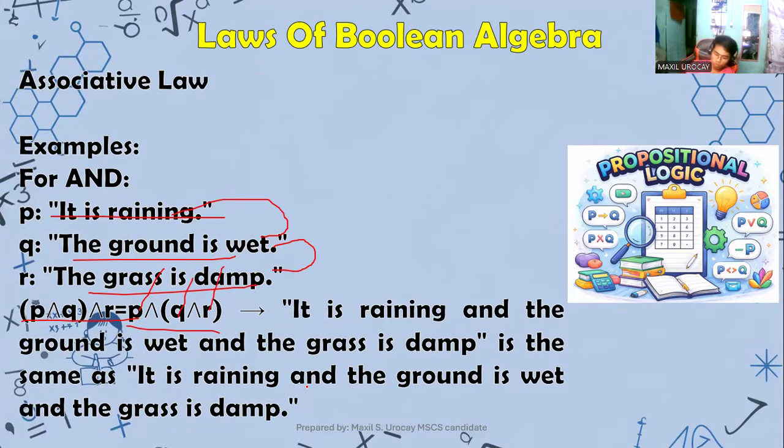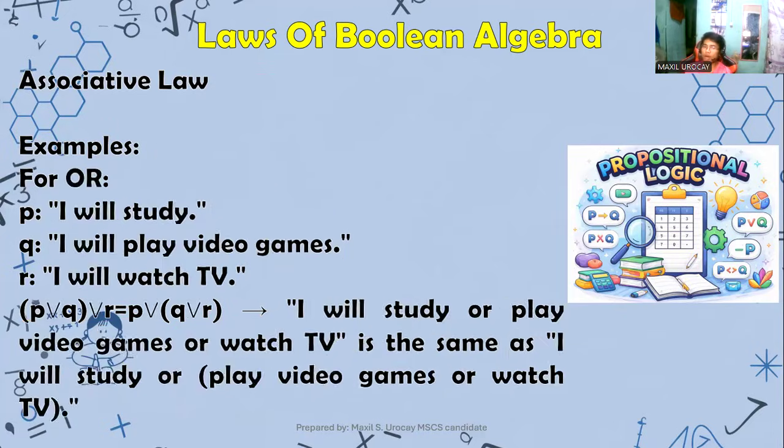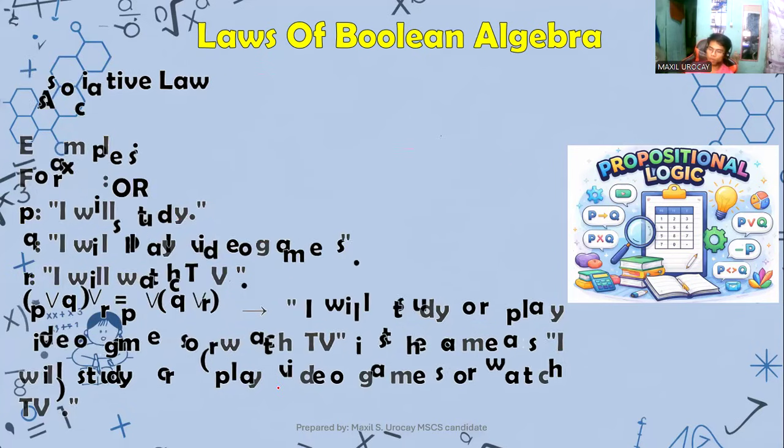It is still the same if we group it the other way: it is raining, and the ground is wet and the grass is damp. For associative OR: I will study, I will play video games, I will watch TV. I will study or I will play video games, or I will watch TV is the same as I will study or, I will play video games or I will watch TV. They are equal to each other. They are equivalents. So that's how it works.